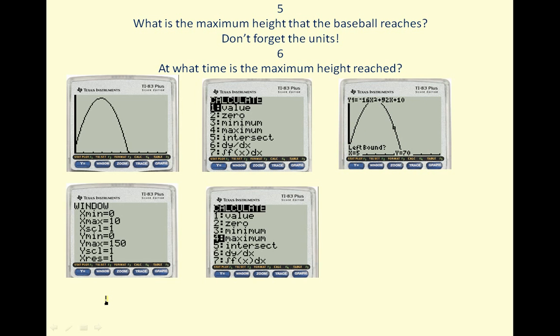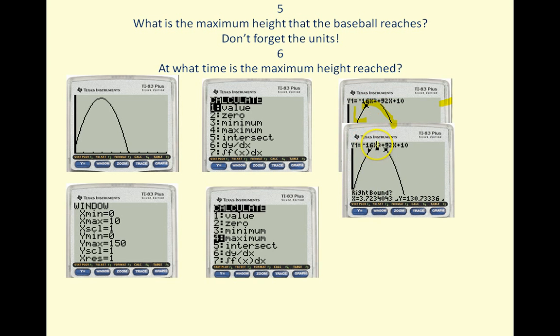This is left bound. And you're going to want to scoot that cursor by moving your left-hand button, you're going to move it up along here until it comes over here. You want to be on the left-hand side of the top there. And once you get there, which you can see I have right here, you're going to push enter, and it's going to say right bound.